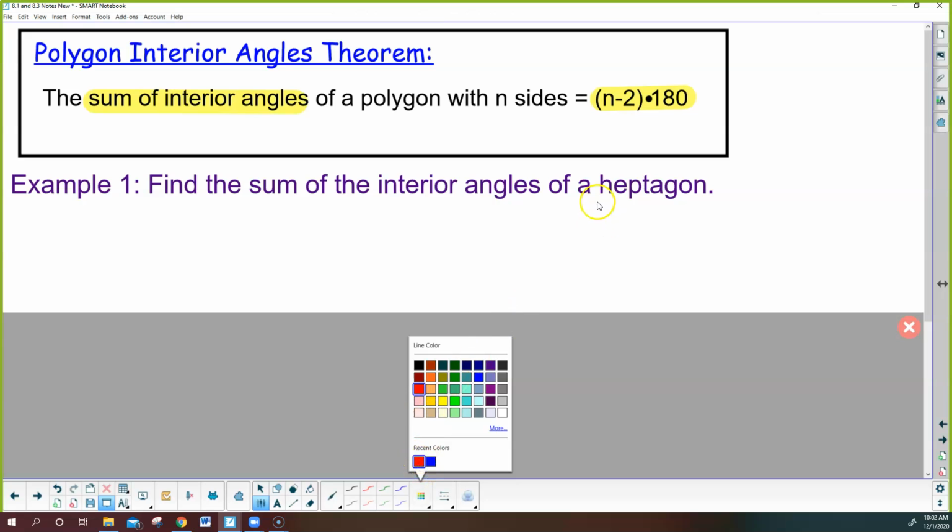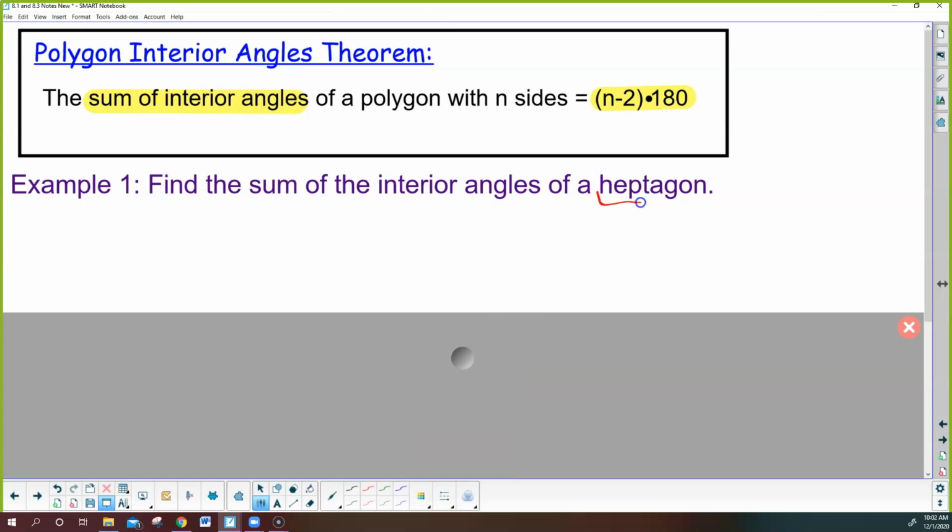Okay. Now, here's the thing. A lot of students always say, whoa, holy cow, I forgot what an 8-sided shape is called, what a 10-sided shape is called. You are free to look those up, right? You can do a quick Google search, like heptagon, how many sides are in a heptagon?